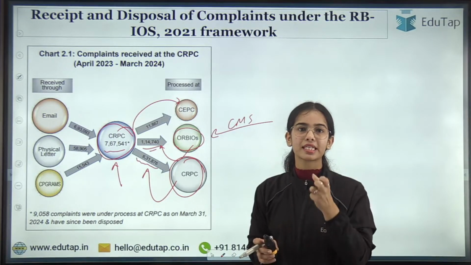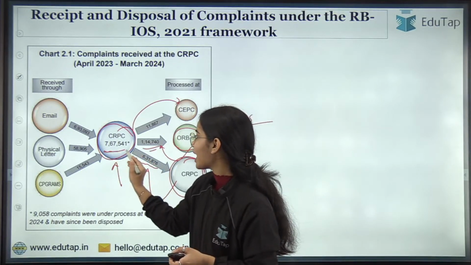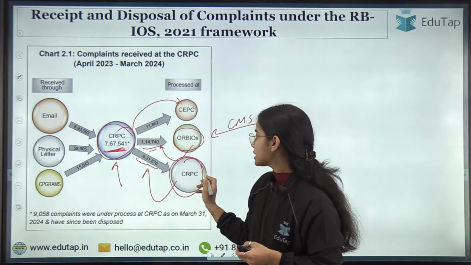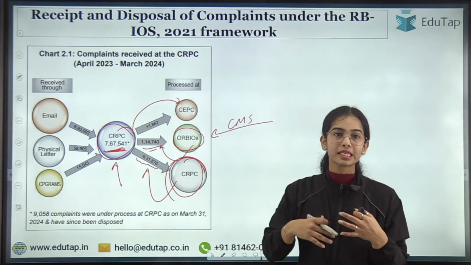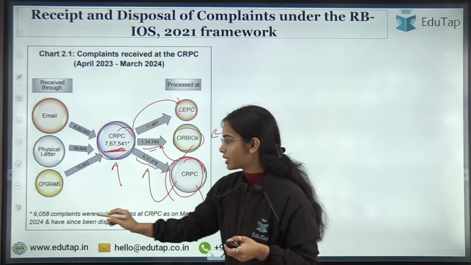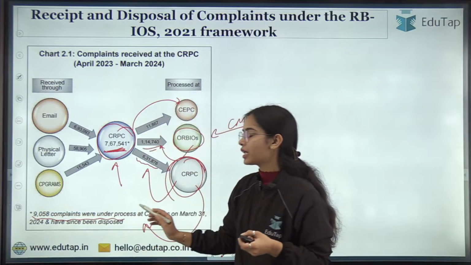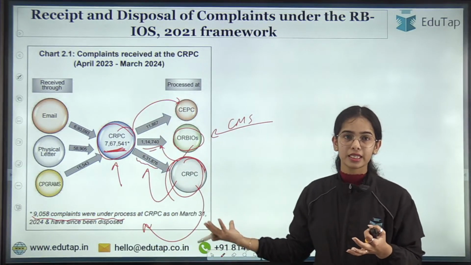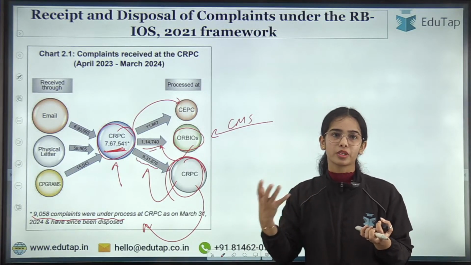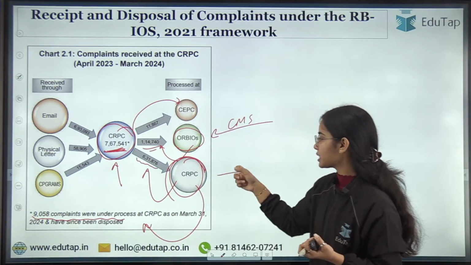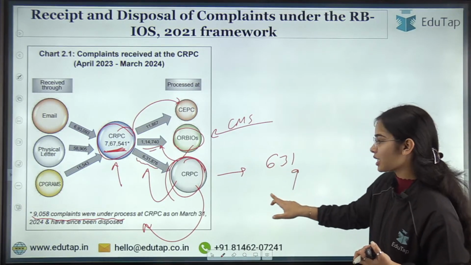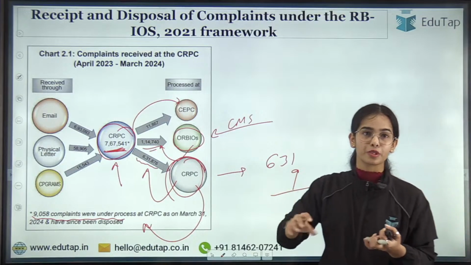So total complaints received were 7,67,541, out of which the CRPC itself resolved 6,31,876, and 9,058 complaints were under processing till this annual report was made. So the CRPC disposed of 6,31,000 complaints, and some 9,000 complaints were under processing.